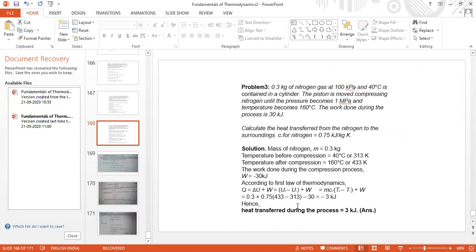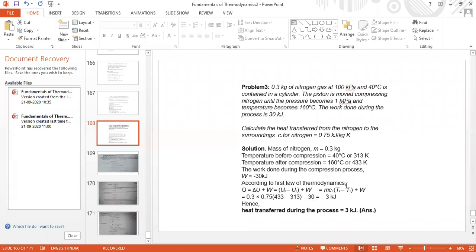So minus 30. You may ask whether it is work done by the system or work done on the system. That is explained here. The piston is moved compressing nitrogen. That means piston can move compressing the gas only when work is done, or when it takes work. So when 30 kilojoules is given to the piston, therefore minus.